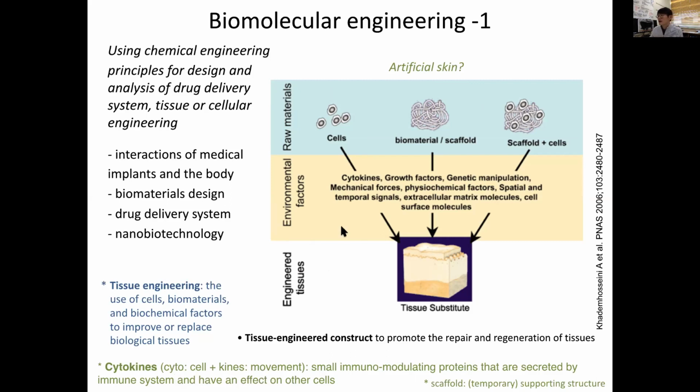These are a bunch of factors we can control and provide as environmental factors, and we can create tissue substitute. So how close are we to this artificial skin? I would say we probably cannot totally replace it, but we can help promote the repair and regeneration process of the tissue. So we call this a tissue engineering construct.